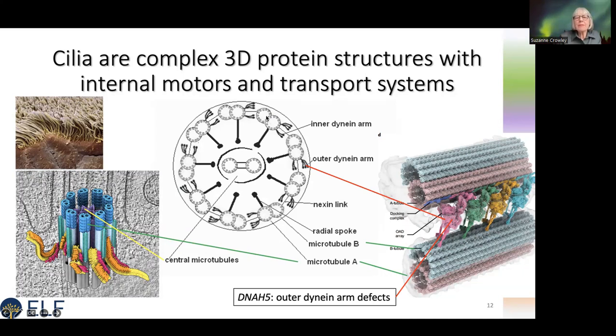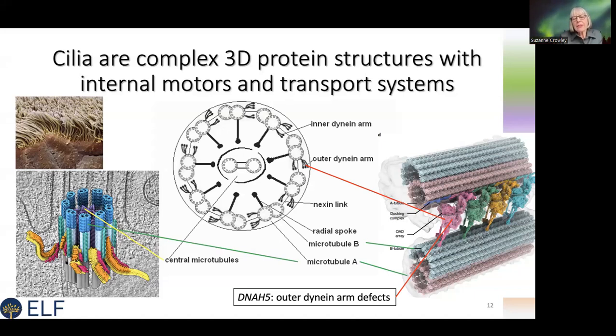And we have these pairs of tubes which run around the outside, 9 pairs of these tubes. They're all connected to one another, and they're all connected to this central pair of tubes here. It's a bit like a bicycle wheel. And there are also these structures here, which are arms.